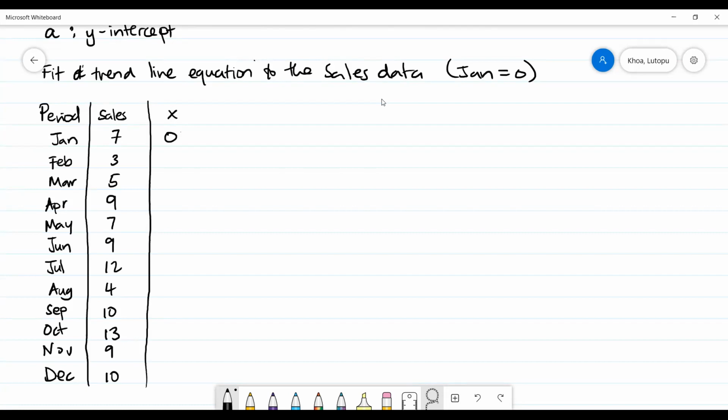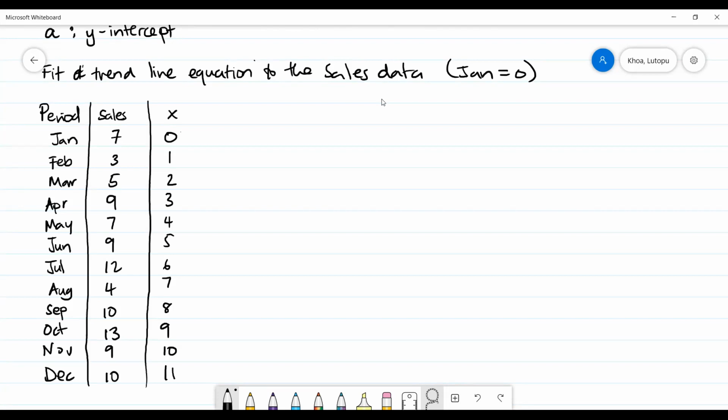This will be 0, 1, 2, 3, 4, 5, 6, 7, 8, 9, 10, and 11. We code them as numbers so that we can add, subtract, and multiply them. If we have January here, we can't add January and February. But if we call January 0 and February 1, then we can add or multiply them. So we are coding them with numbers so that we can work with them.